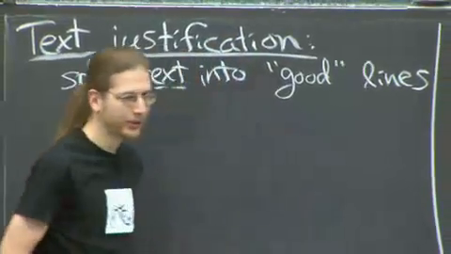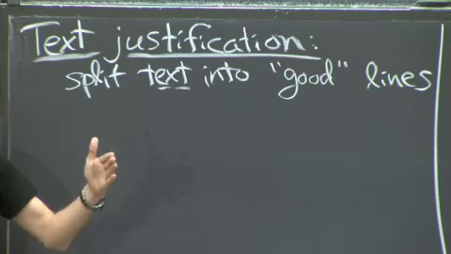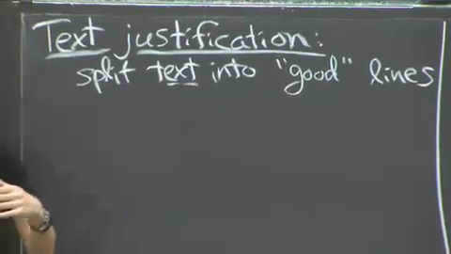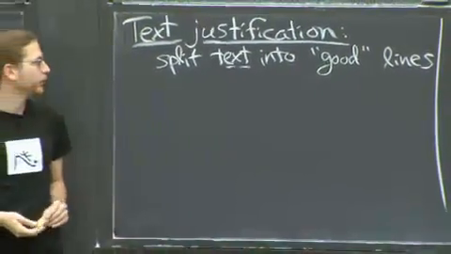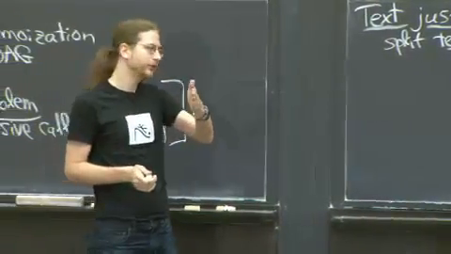The rules of the game here are, like in the early lectures on document distance, we have some definition of splitting a document into words separated by spaces. And we can only cut between word boundaries.